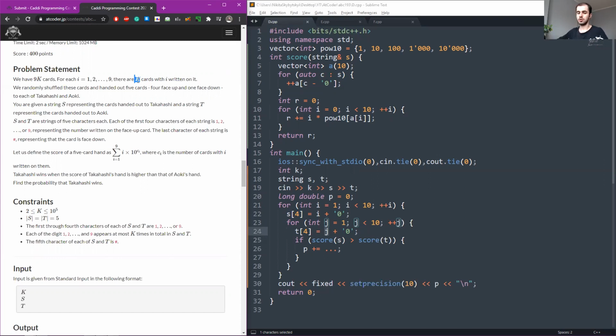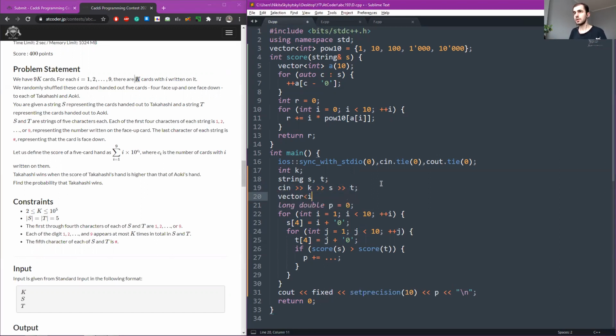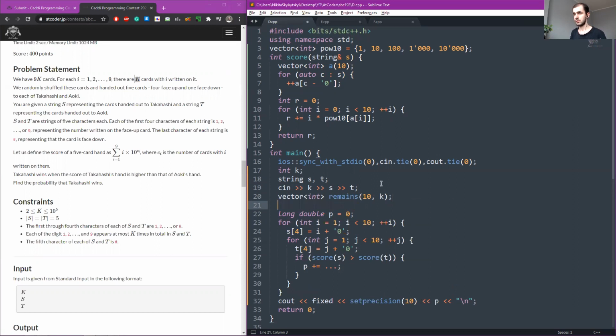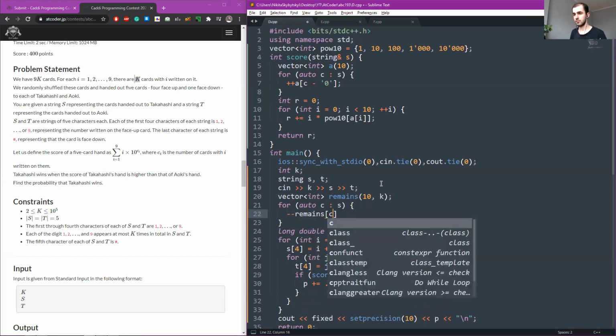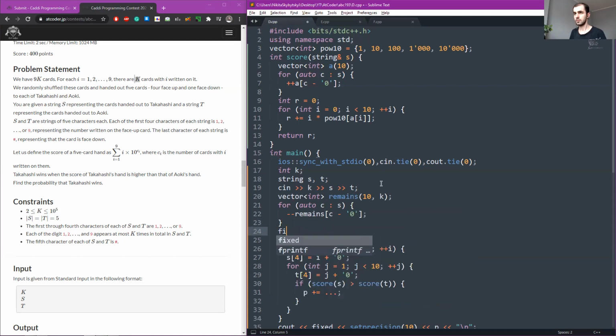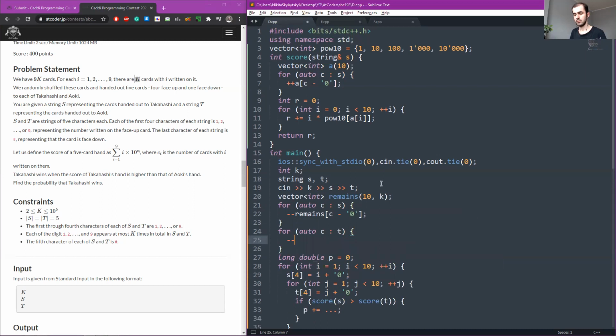Some of them already got used. That's the first thing I want to address. Now I know how many cards of each kind remain.